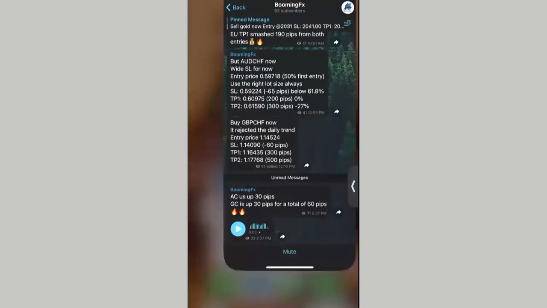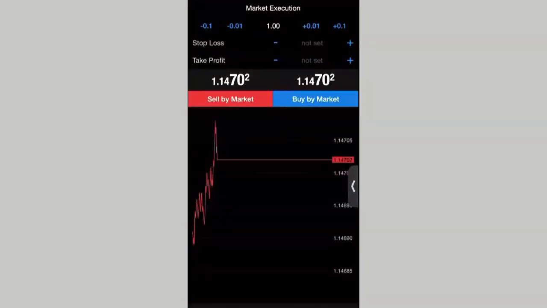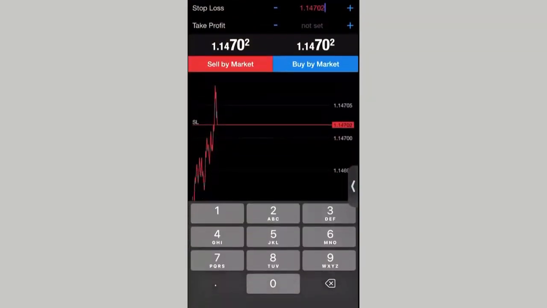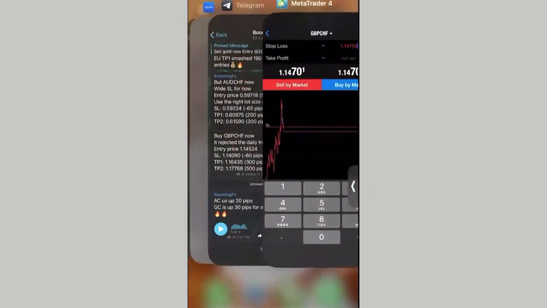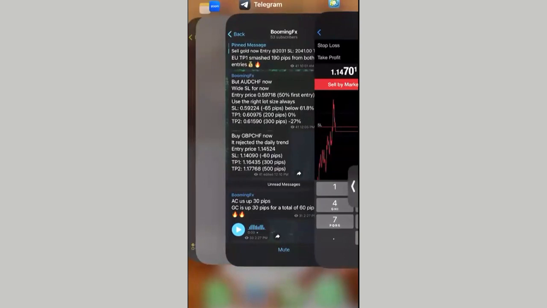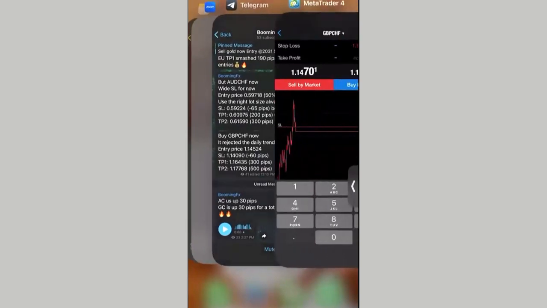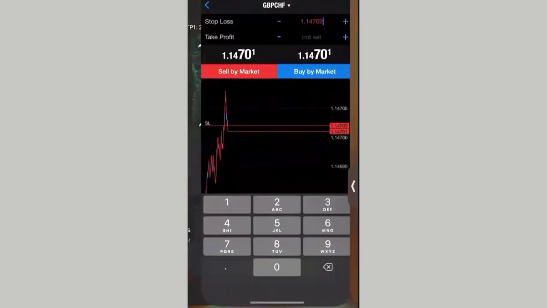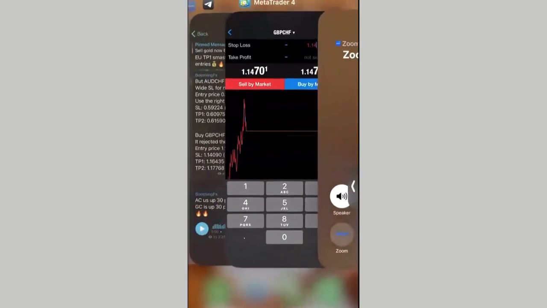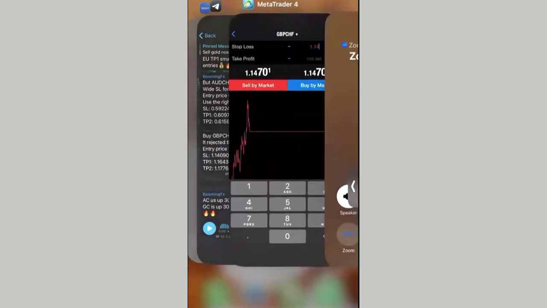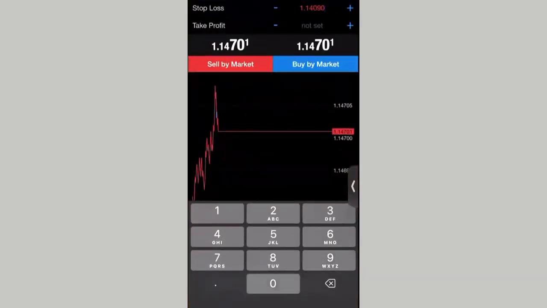So when you go back, now you want to input your credentials, right? So your credentials for your stop loss is 1.14090. And that'll be 1.14090 for your stop loss.